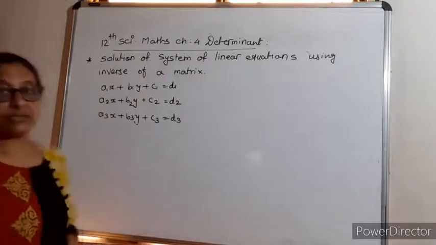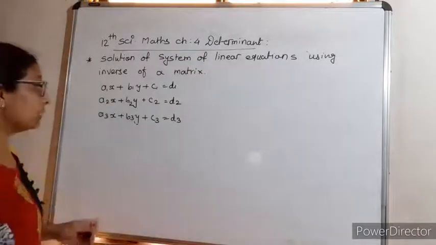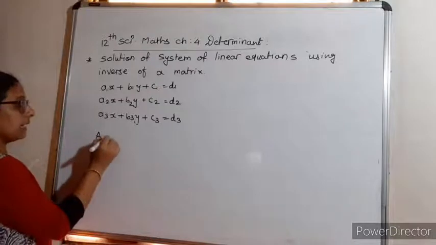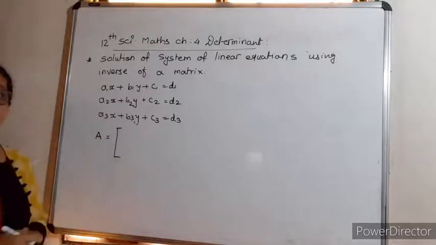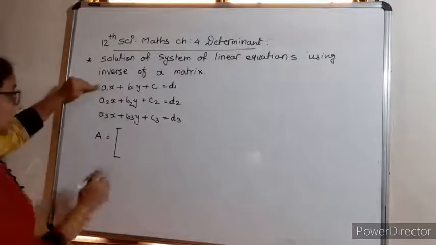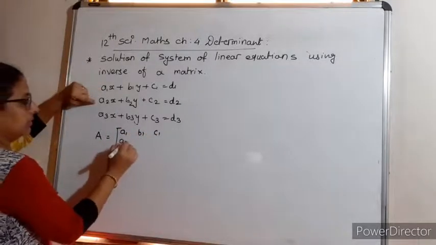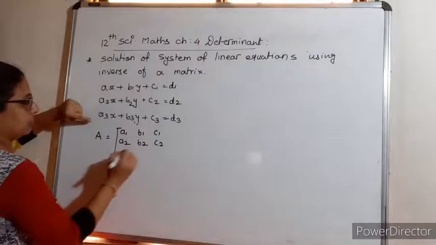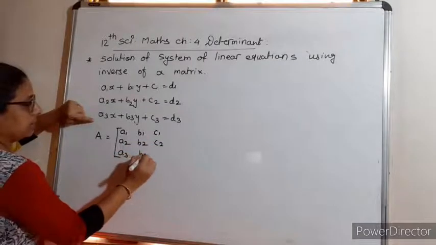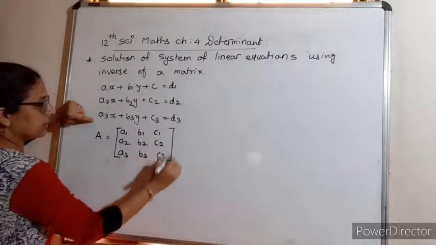by using the matrix and determinant, first of all we will take A as the matrix with rows a1, b1, c1, a2, b2, c2, a3, b3 and c3.